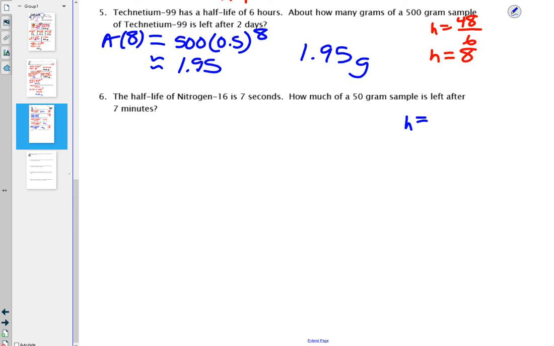The amount of half-lives in 7 minutes, there's 420 seconds. Well, 7 times 60 is 420. Divided by 7, that's 60. So this is undergoing 60 half-lives. So the amount after 60 half-lives of a 50-gram sample is 50 times 0.5 to the power of 60. Yeah, it's super small. Does your calculator give this to you in scientific notation?